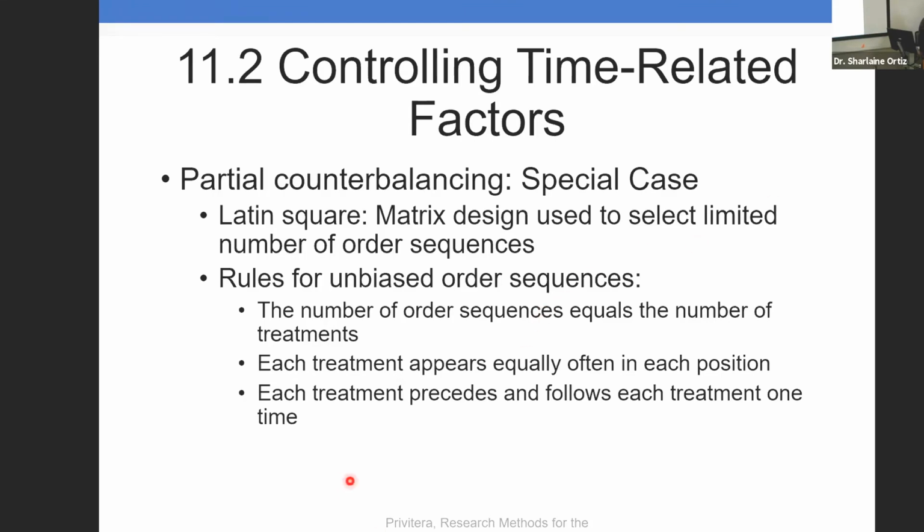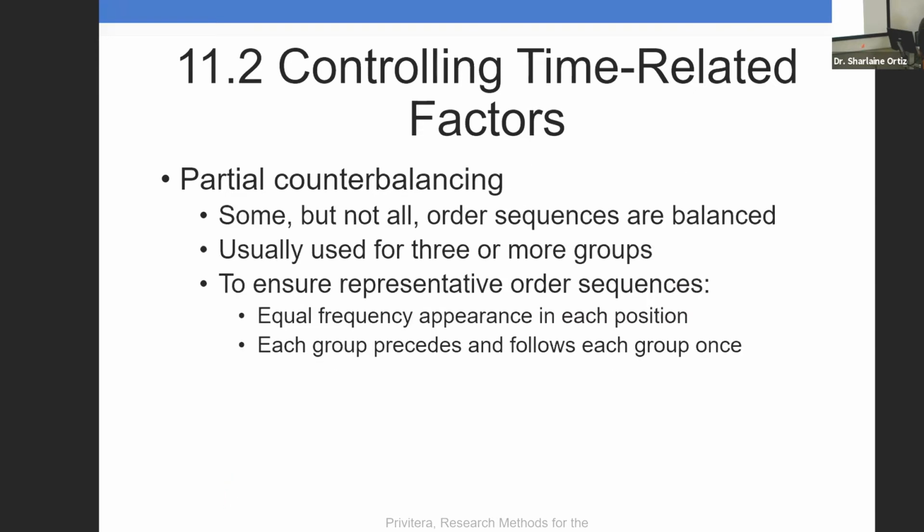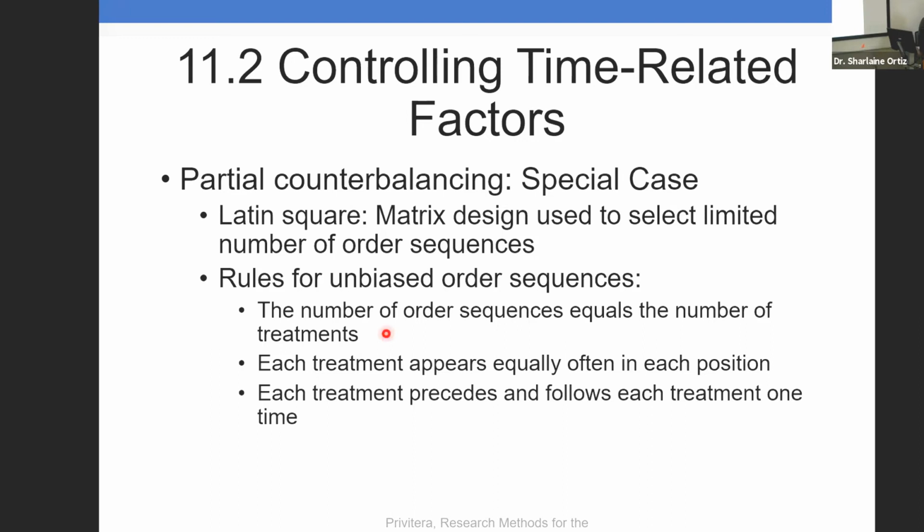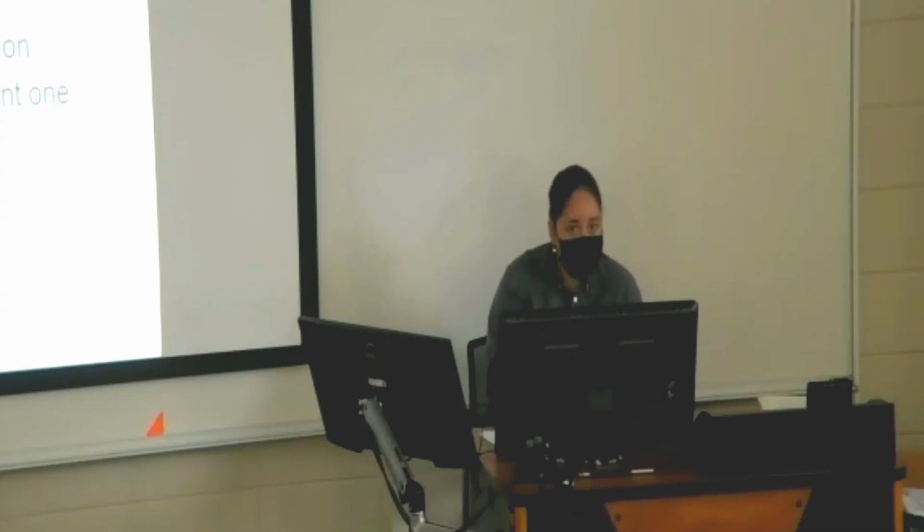And the last characteristic that we want to look into is that each treatment precedes and follows each treatment one time, just like we had mentioned previously. The same goes with our Latin square, which is each treatment is going to precede the other treatment. So any questions about that?